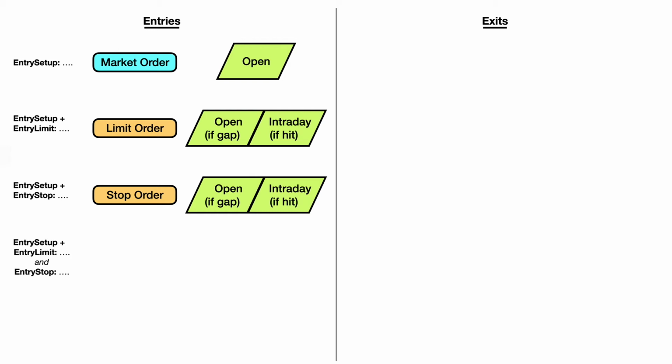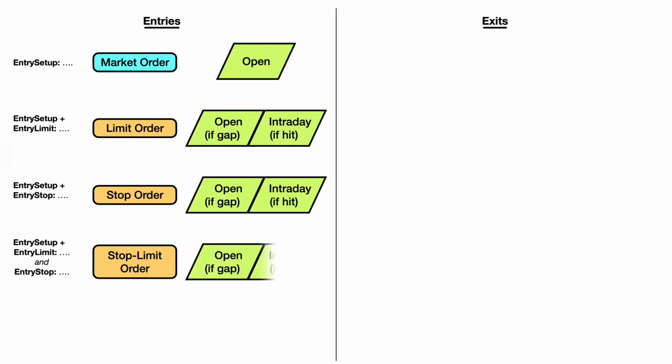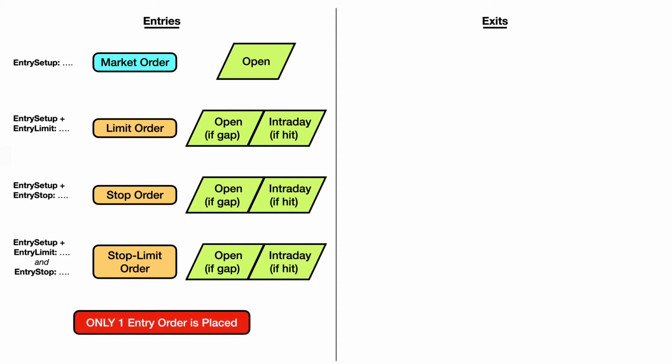And finally, you can pair with entry setup an entry limit and an entry stop, and then if the entry setup is met, then you'll be triggered into a stop limit order if the price is between the stop and the limit order, again either at the open or intraday. Very importantly, only one of these entry orders is placed. So depending on which commands you specify in your script, RealTest will select which of these is applicable.